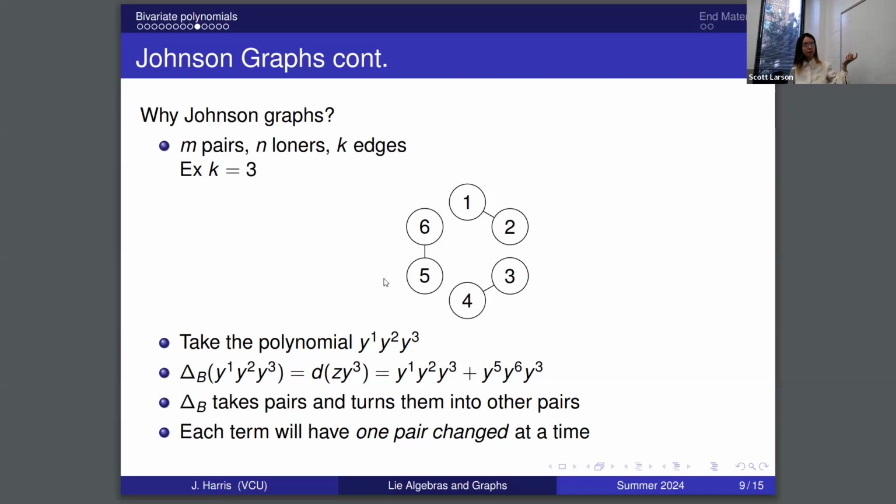So delta B takes pairs and turns them into other pairs, and leaves all the loners fixed. It doesn't change multiple pairs at once; it only changes them one at a time.